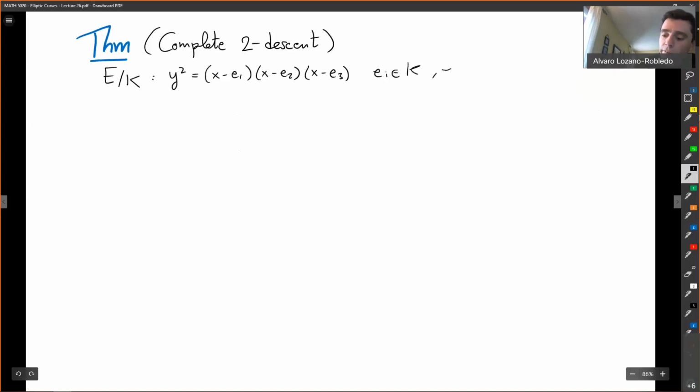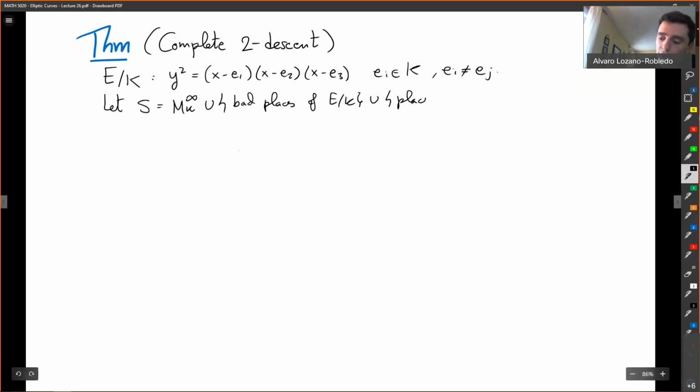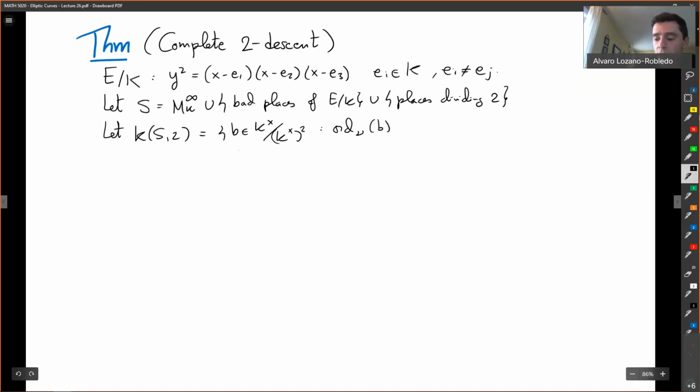For Ei in K not equal to each other, let S be infinite places, bad places of E over K, and places dividing 2, and let K_S^2 be classes of K modulo squares such that the order of vanishing at primes is 0 modulo 2 for all places not in S. Then there is an injective homomorphism.